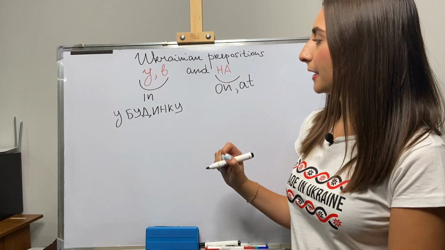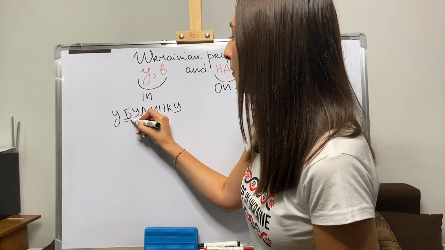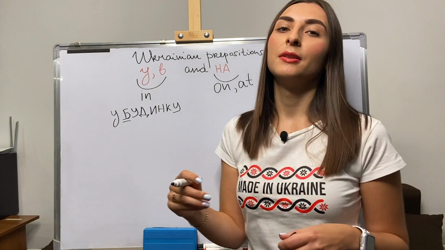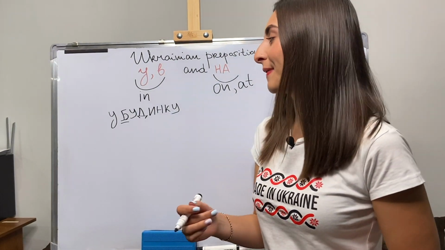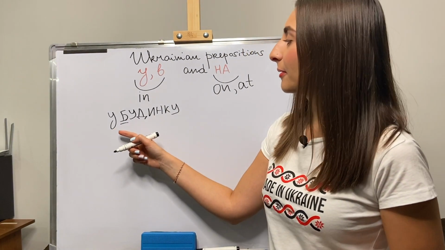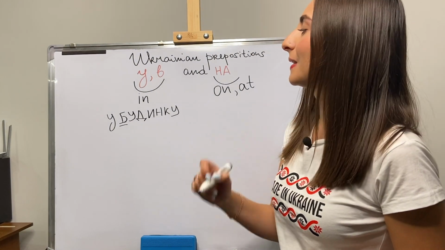I used exactly у because the word будинок, house, starts with a consonant. Again, I explained it already in this video lesson. У будинку means in the house.